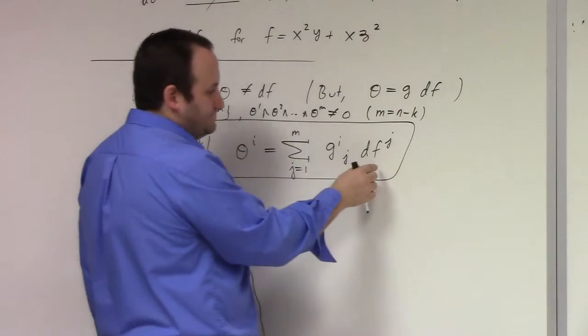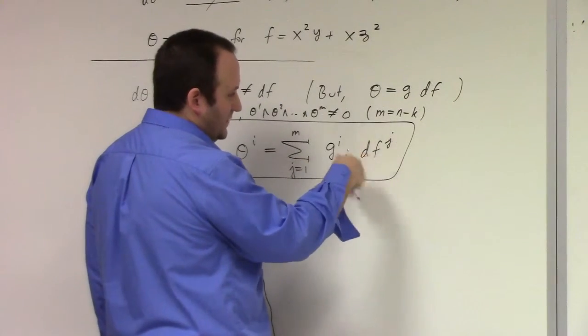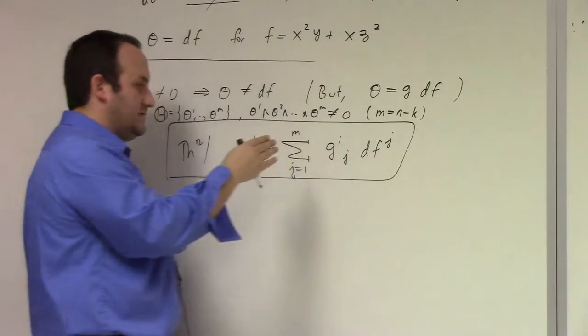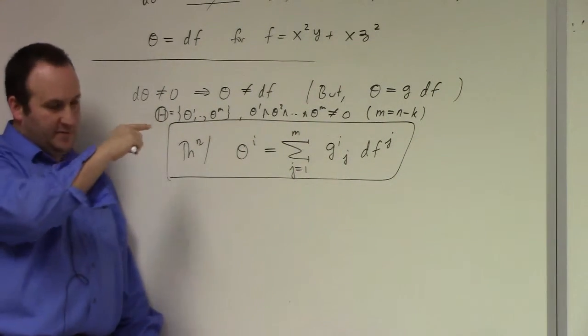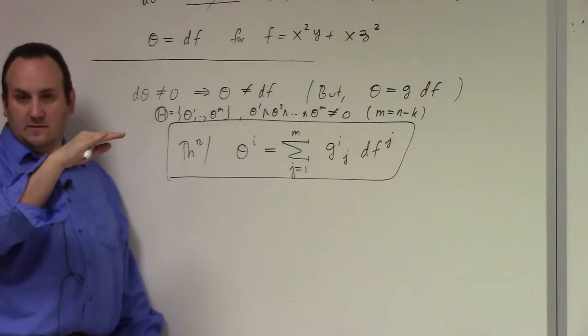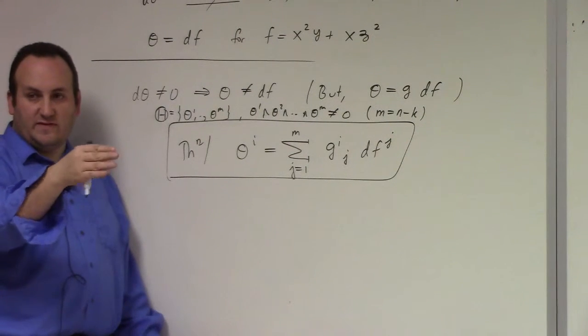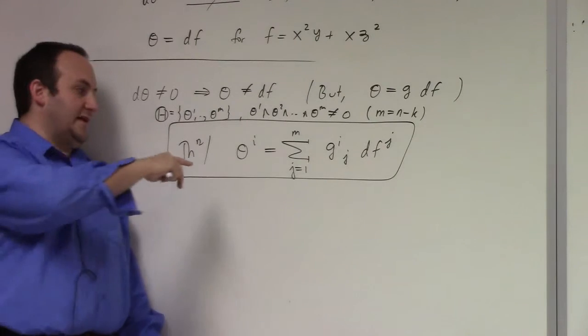If you have f equals to a constant, right? If you look at level sets where you have the f sub j equals to a constant, then those kinds of level sets, the tangent vectors to those will annihilate these.